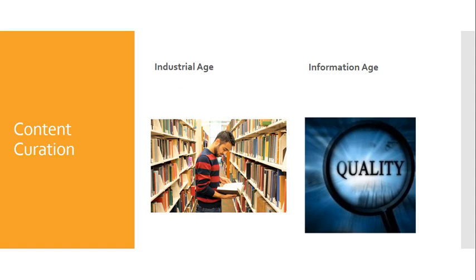But we weren't so worried back then about the quality of the information, because generally a book went through some type of a review process before it was published, and so you could almost always trust the content of a book. But now in the information age, things have changed, and it's about the quality of the information. It's about being able to know if the information that you get is real. It's not about finding anymore, because you can easily find information with a Google search.